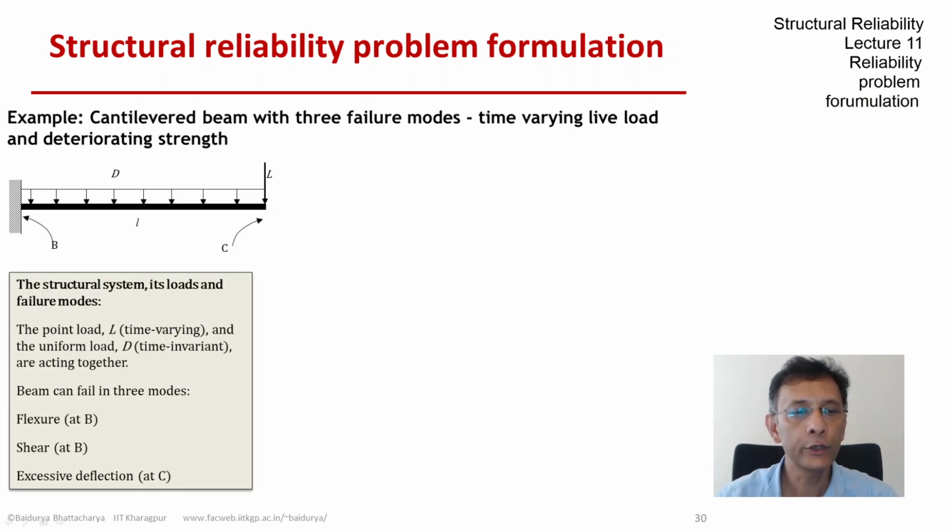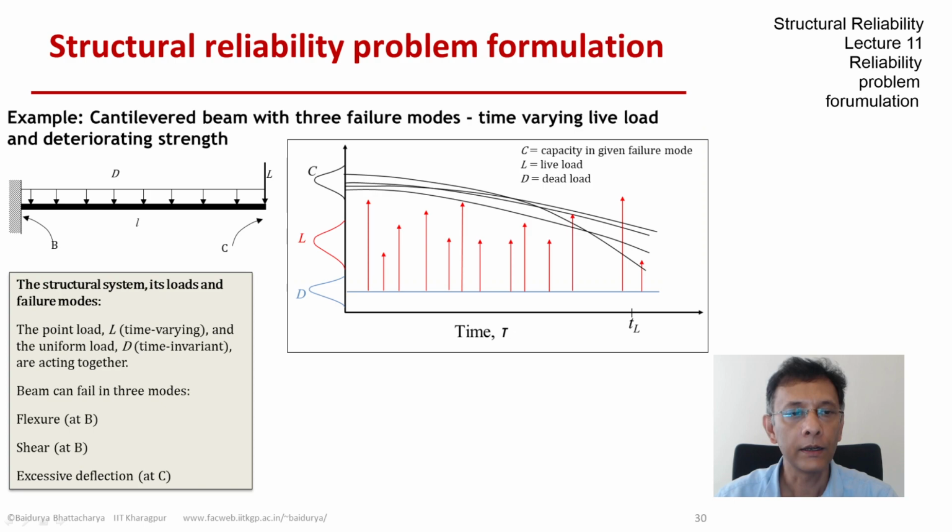So if we were to draw a sample function of what's happening, this is what it would look like. The dead load D doesn't change with time. It's a random quantity, but it doesn't change with time. It's sampled from the distribution D that you see on the left. The live load L, as I said, occurs as random pulse load.